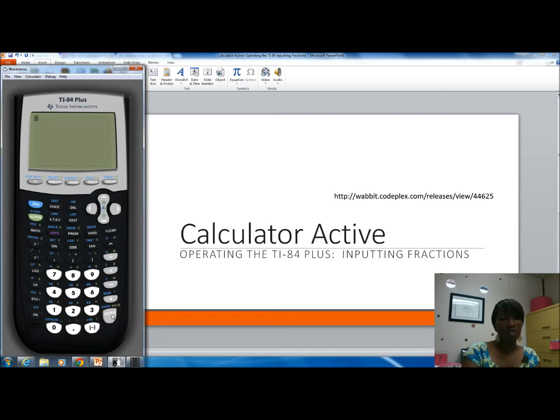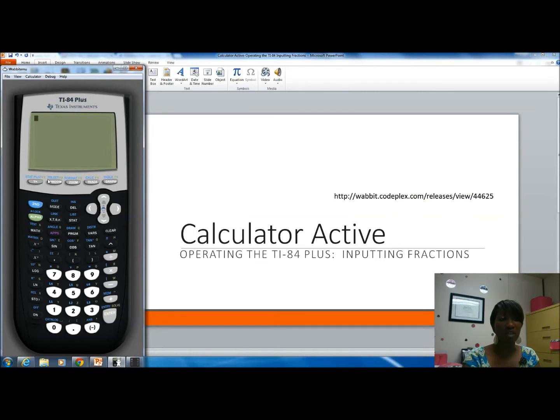Okay, so I'm going to show you two different ways to access the inputting of fractions. The first one is going to be through the function keys along the top.